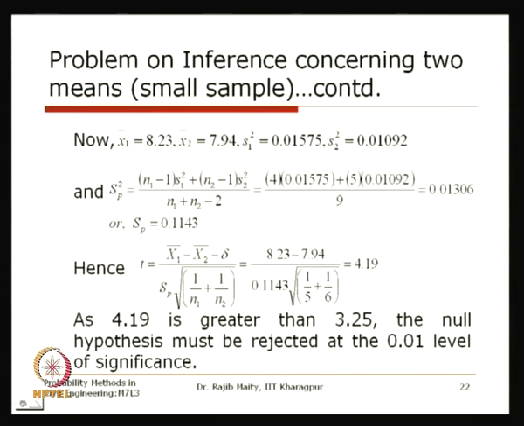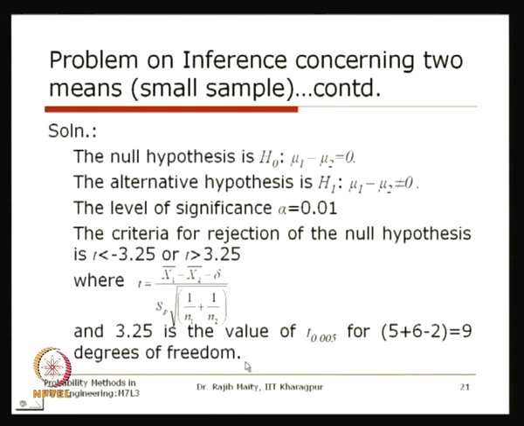So, the null hypothesis must be rejected at the 0.01 level of significance. In this null hypothesis, we said that both the sample means are the same. So, we must reject this null hypothesis. That means we can infer that the means from both the locations are not the same.